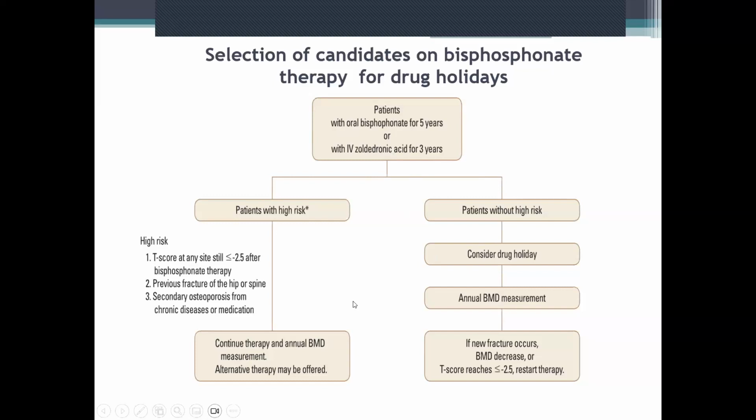If they're not at high risk, BMD has improved, maybe just one previous fracture or no fractures in the past, then you can actually consider a drug holiday, and then you can monitor them just with the bone mineral density every 2 years.